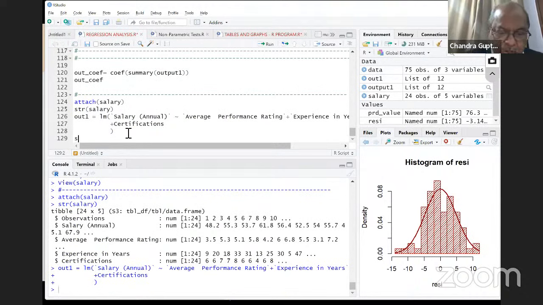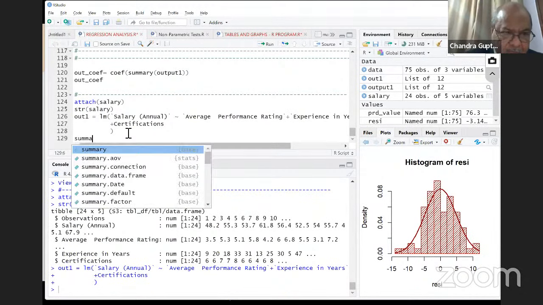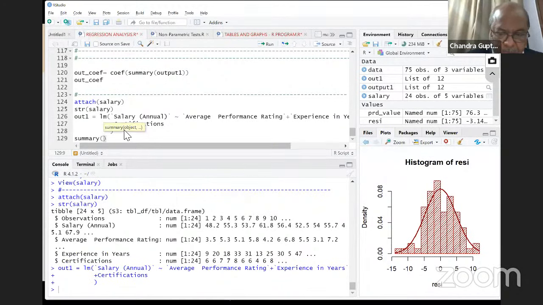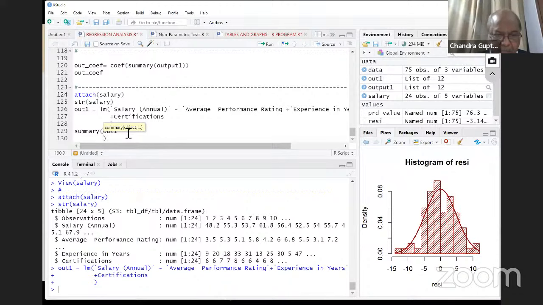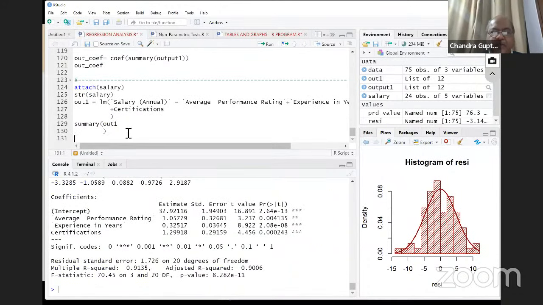And if you want to take the summary of output, all the variables are coming out to be significant. And you can save the residuals.